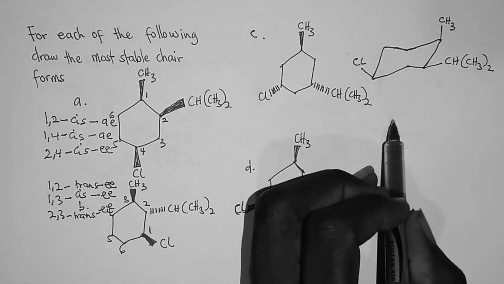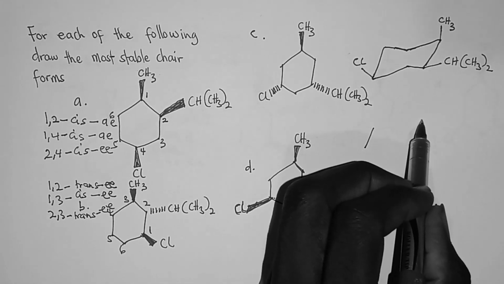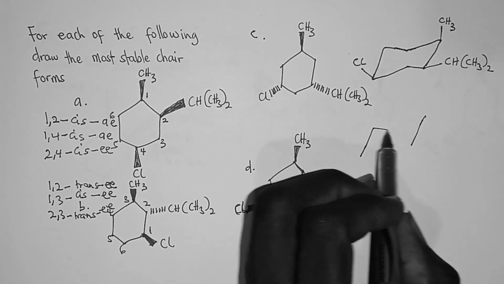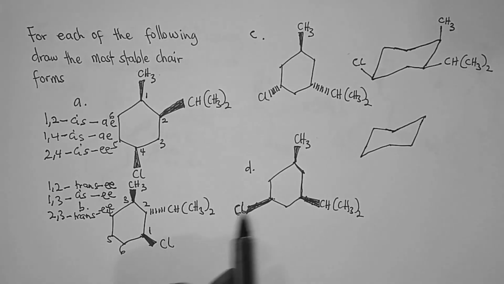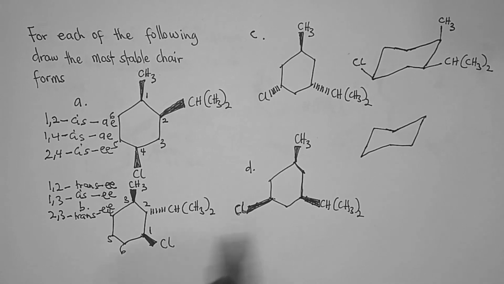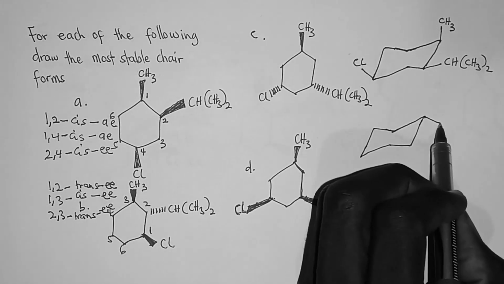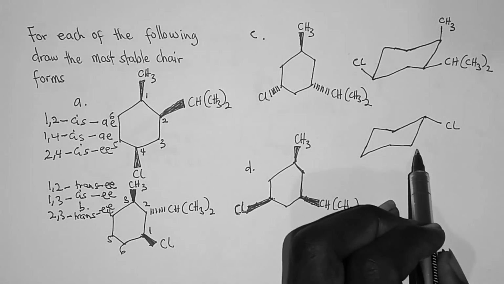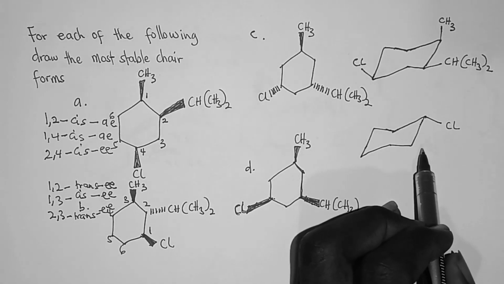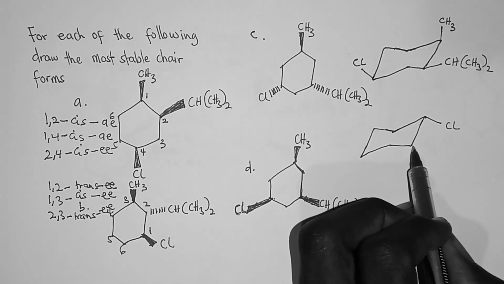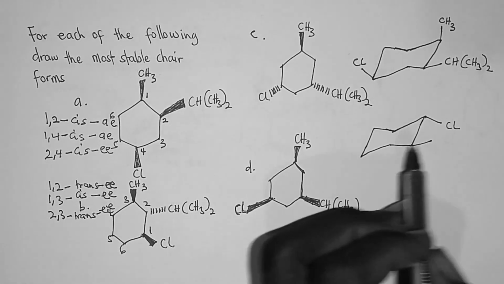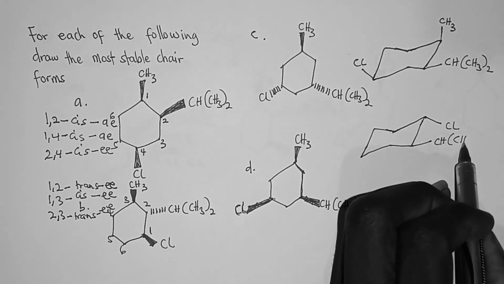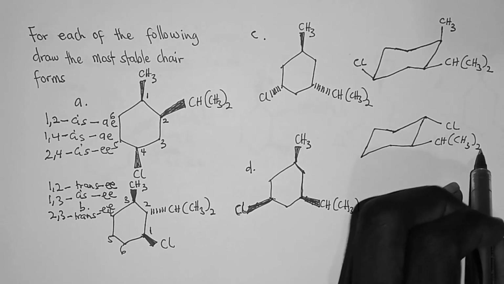So let me draw it here. So let's start from carbon number 1. This is carbon number 1. So the chlorine is in the equatorial position. Carbon number 2, which is the isopropyl group, it also has to be in the equatorial position. And this is CH3 2.